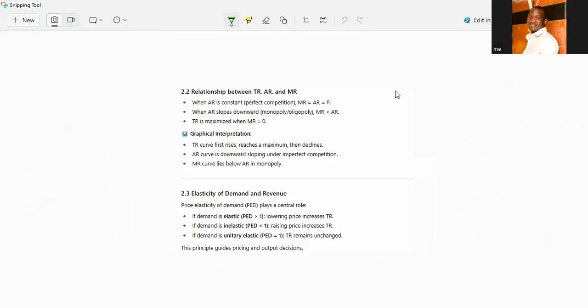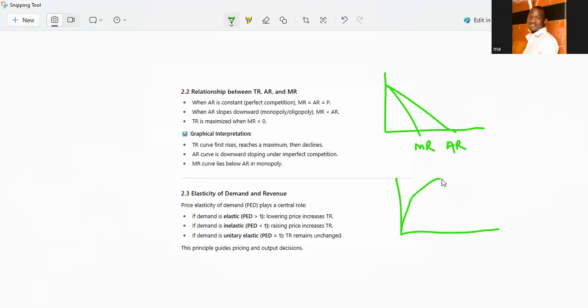So in a perfectly competitive market, this is our marginal revenue, so average revenue. Okay. So where total revenue is maximum, that is where the marginal revenue is equal to 0.